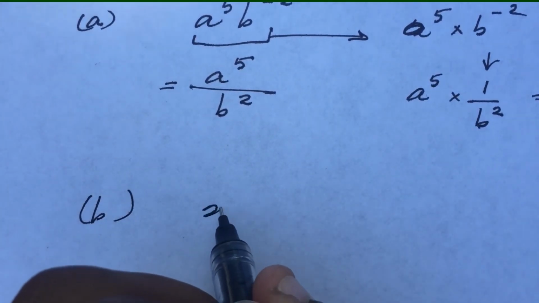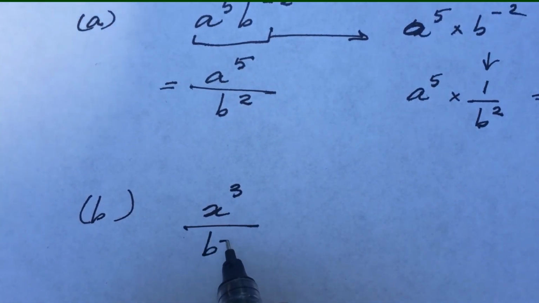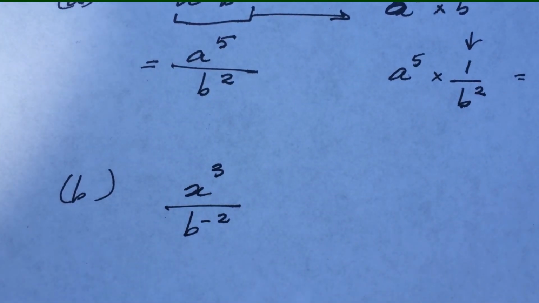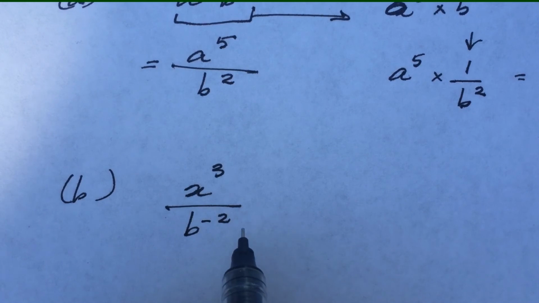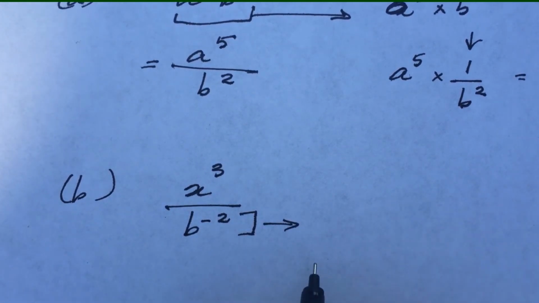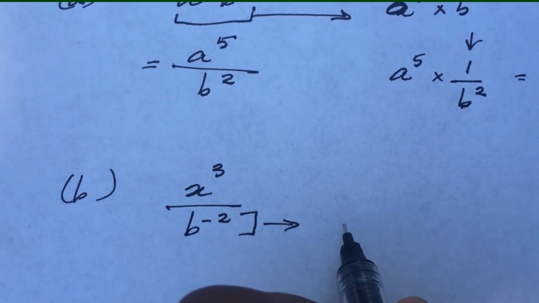We have x to the 3rd divided by b to the negative 2. Seems tricky, doesn't it? But it's actually easy when you follow the principles. So I can rewrite the denominator to a positive index by doing the same thing. But this time, I'm going to put it over 1.